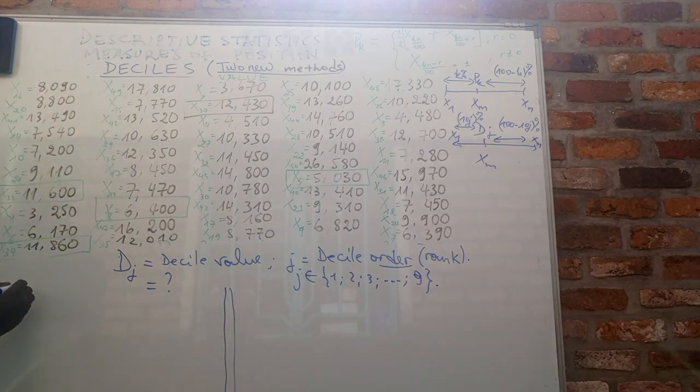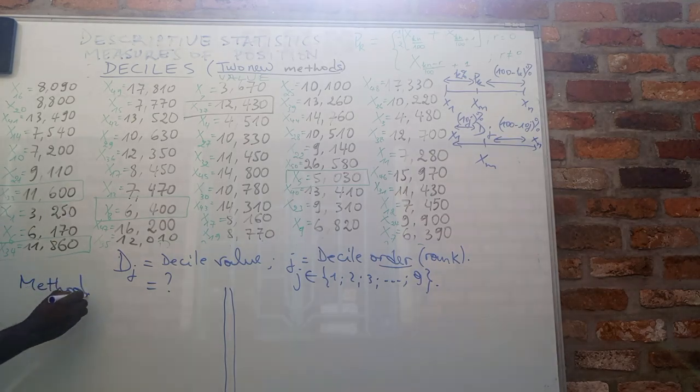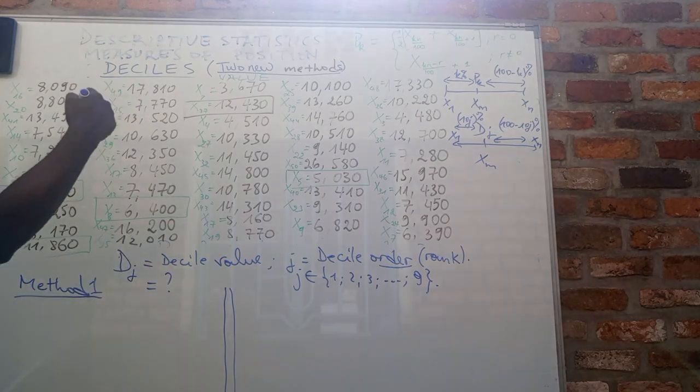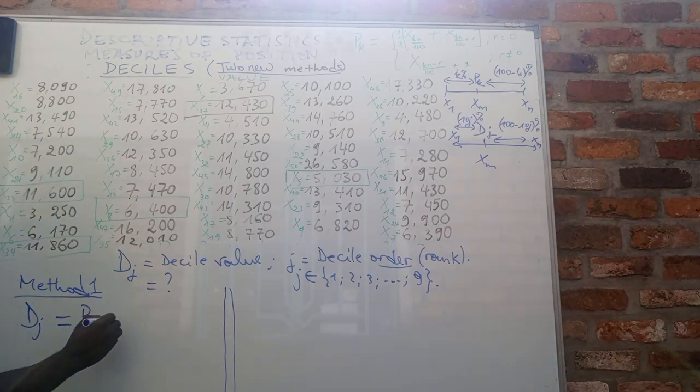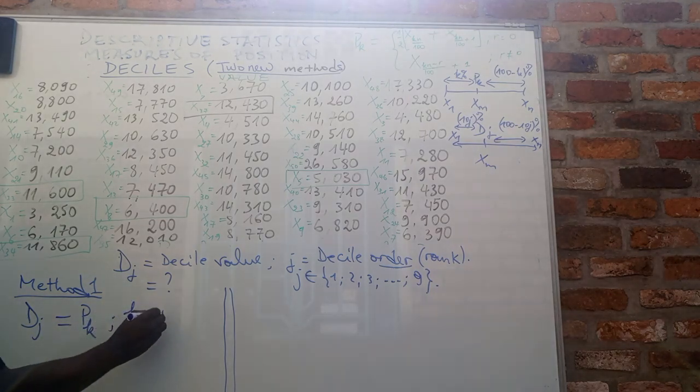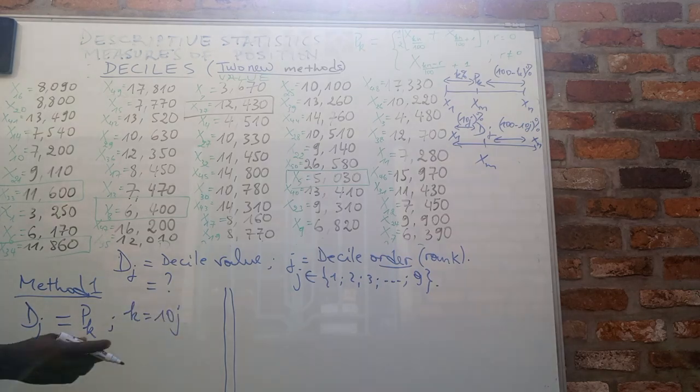Method 1, the first method: the decile d_j of order j will be a certain percentile, the percentile with k equal to 10j, with j extending from 1 until 9.